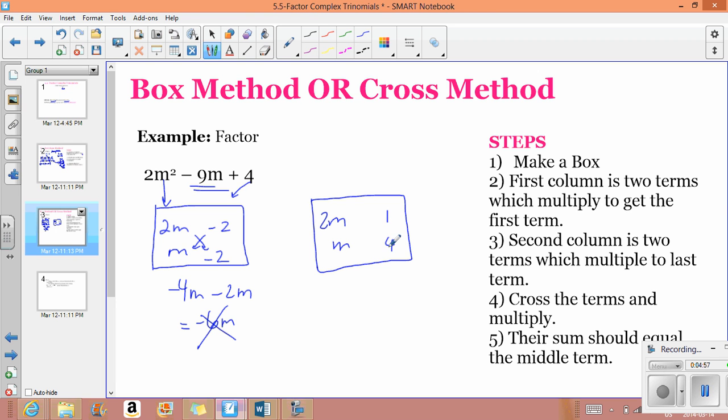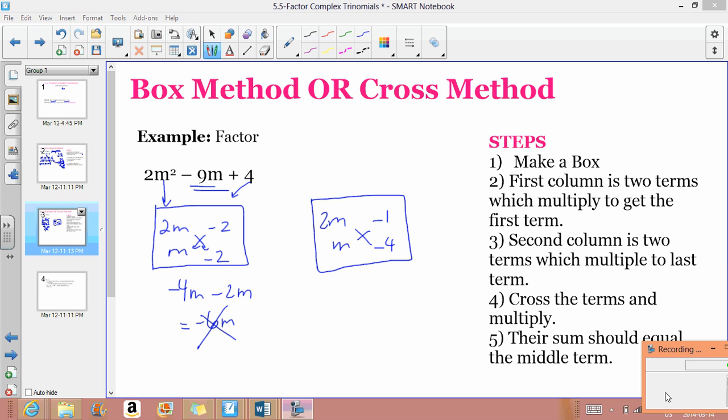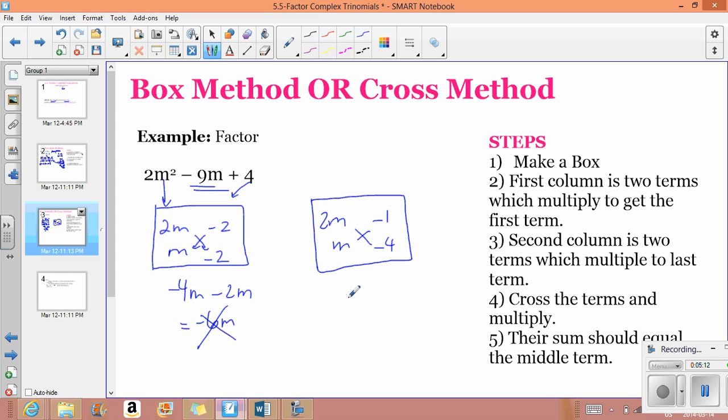With 1 and 4, again, we want it to be -9, so it's -1 times -4. If we work across here, we have 2m times -4, which is -8m, and then across this way we got -1m, and yay, this adds to -9m, which is what we're looking for.